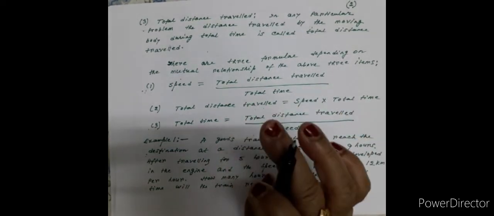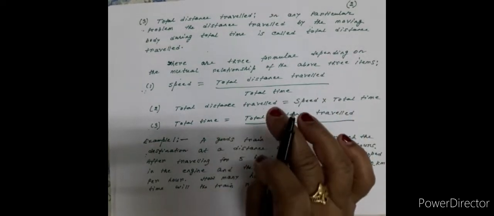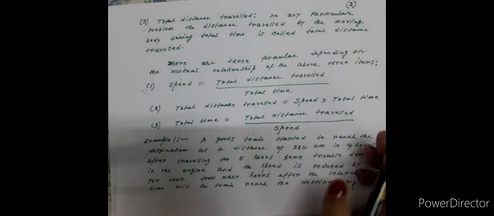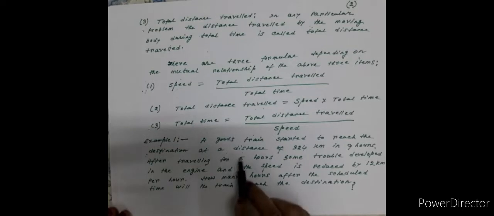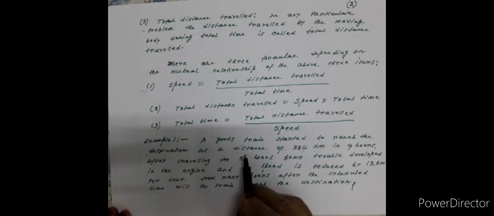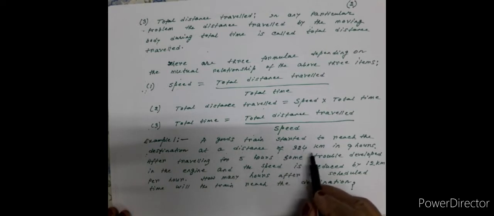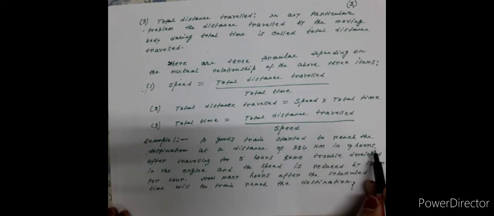So, it can be understood very clearly if I work out one example. If I show you one example, then you can clearly understand. Now, see example 1. A goods train started to reach the destination at a distance of 324 km in 9 hours.